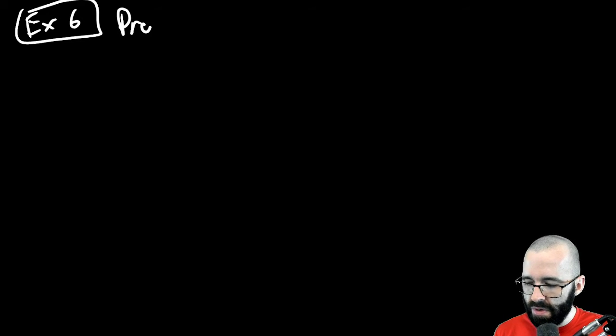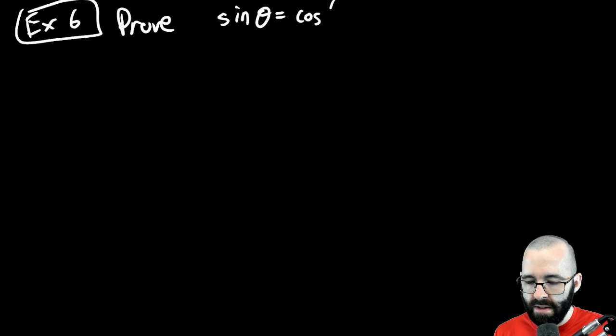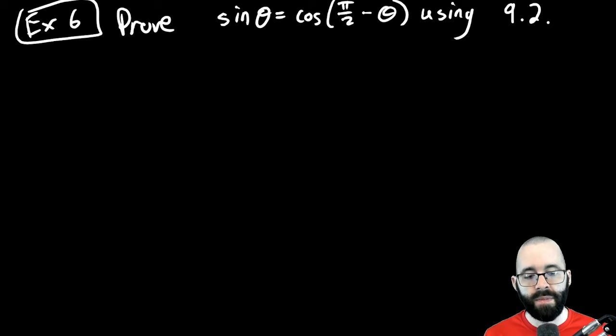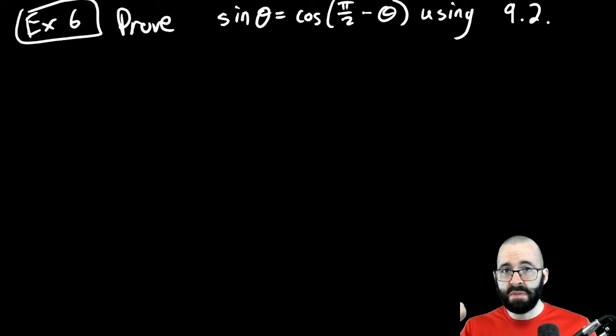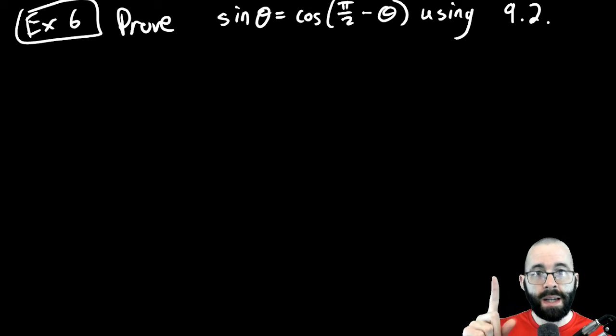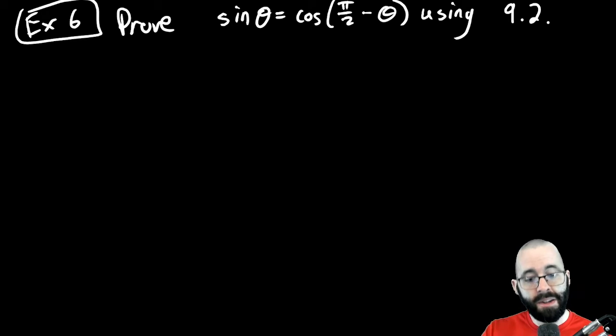Example 6, prove that the sine of theta equals the cosine of pi over 2 minus theta using the difference formula, using 9.2. So I just showed you in the last page 5 seconds ago why this is true, but we should be able to prove this as well using the angle difference formula.